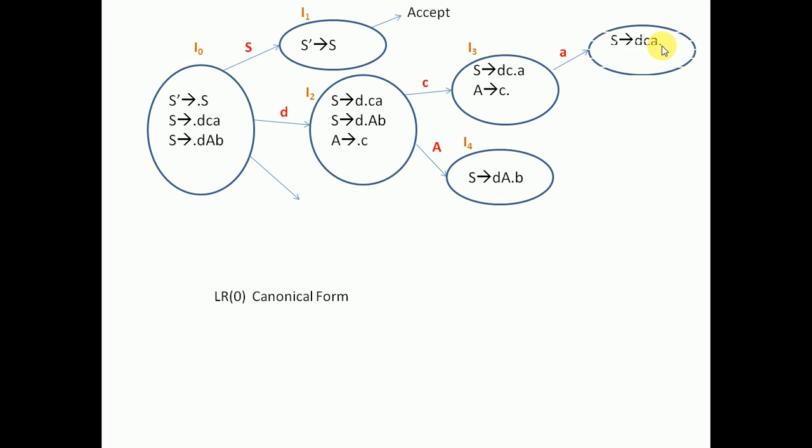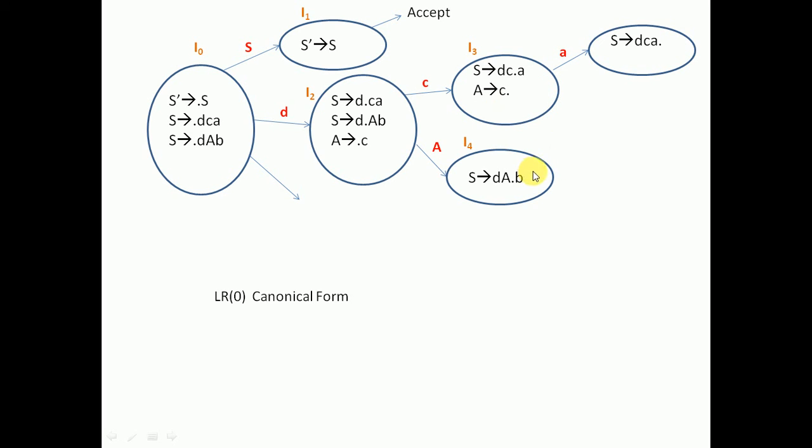This is also a reduced state, because all characters have been visited. We started at the beginning of the production with the dot, over small d we reach this location, over c we reach this location, and over a we have visited the entire production. This is how the dot is used to recognize where we are in the parser.